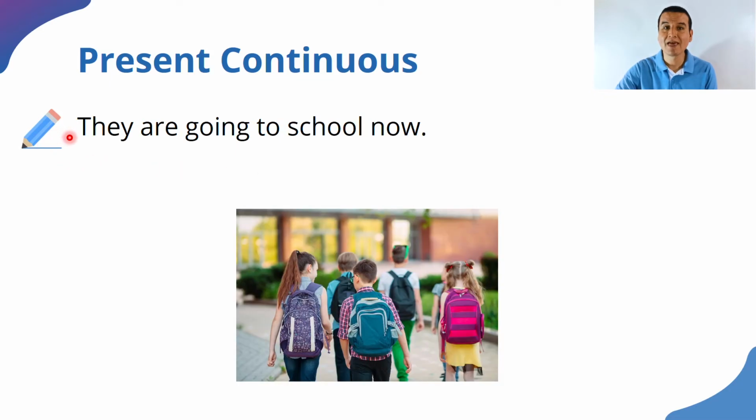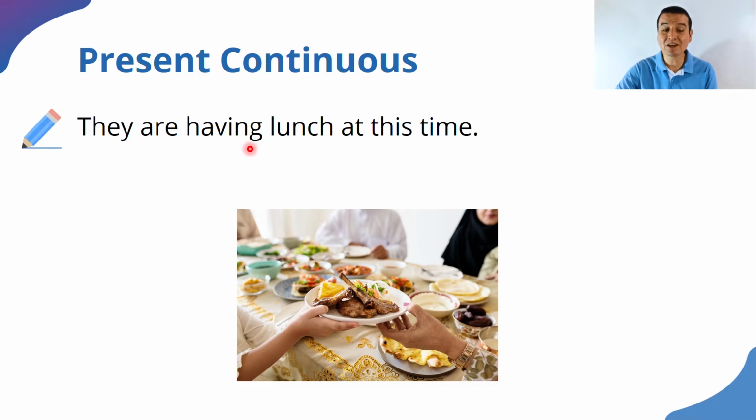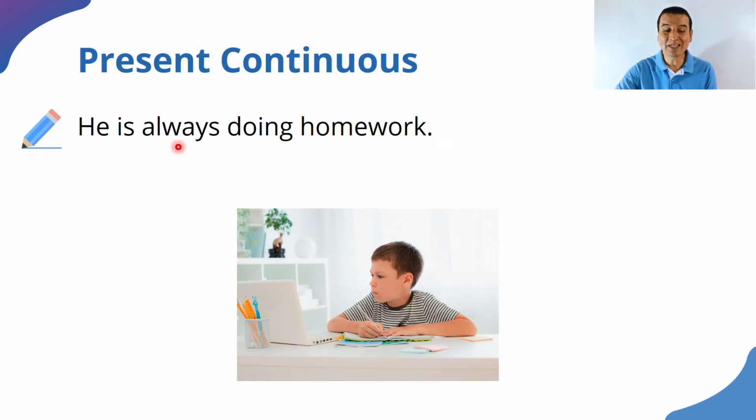This one, they are going to school right now, all right? And here, they are having lunch at this time. And he is always doing homework, all right? Thank you for having checked your answers with mine.